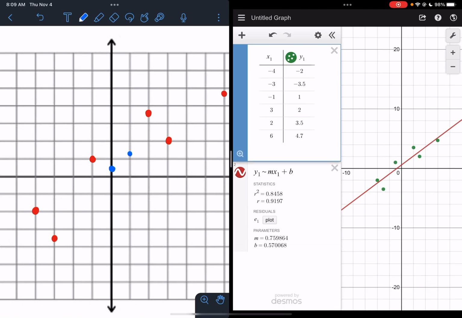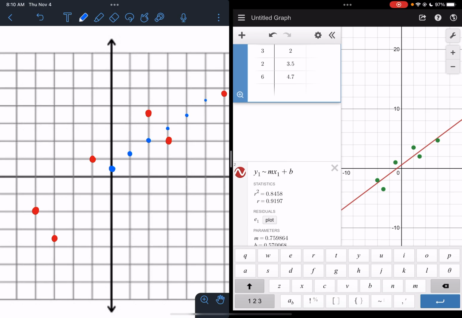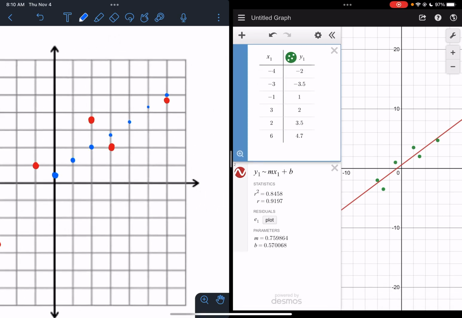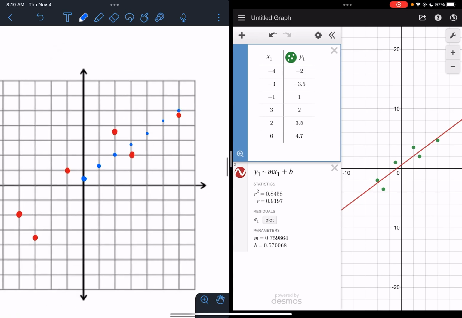Going up about there would be 0.75. Good. Something like that. So for each line, I'm going up by 0.75. And then I could go ahead and draw my line like this. And there's my line of best fit.